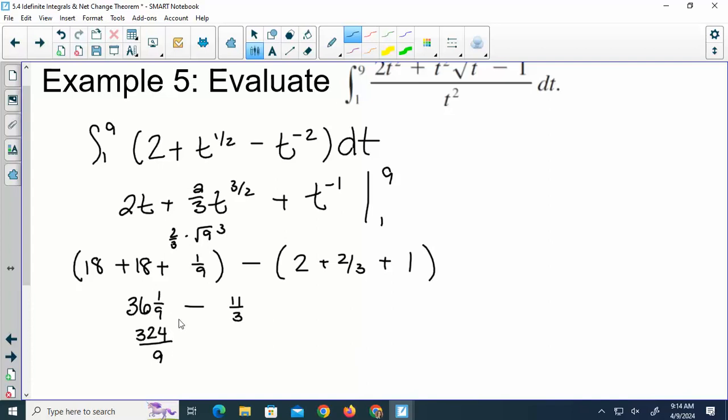You could take it times 10 if you wanted, then subtract 36. Plus we have that 1 already on top, so take it to 325 over 9. Okay, 11 over 3, we need it over 9, so if you multiply by 3 on top and bottom, 33 over 9. So 325 minus 33.